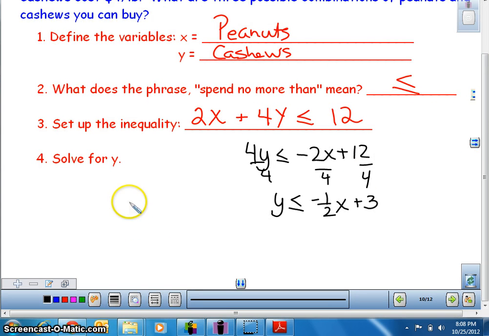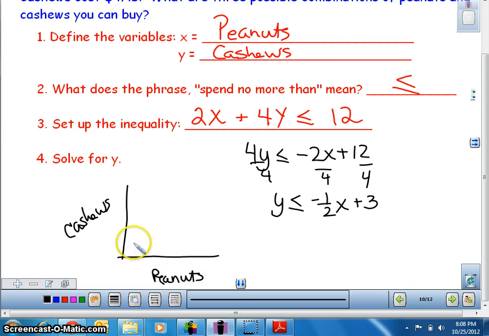On your workbook or in your notes, you have a graph. Make sure you've labeled where your cashews are. Cashews are our y. Peanuts are x. And if we're thinking about this, what we want to take a look at is what's the most number of cashews that we can have. Well, if x is 0, the most y we can have cashews is going to be 3.